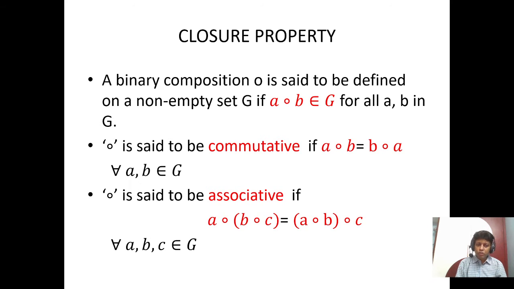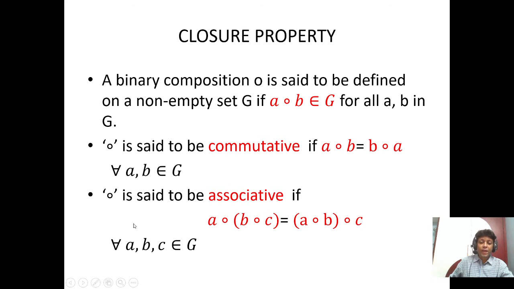Circle is said to be commutative if a circle b is equal to b circle a for all a, b belongs to G. You can use the star symbol also. And it must hold for all the elements, not for a few elements, that is very, very important.